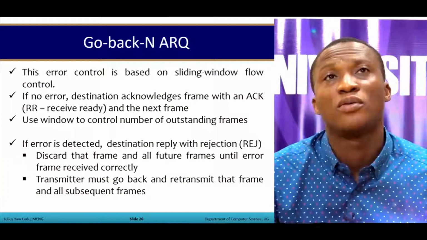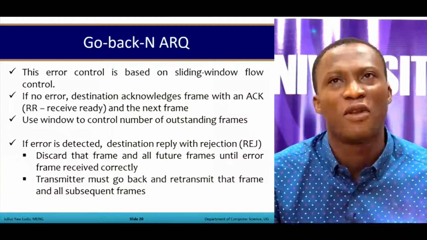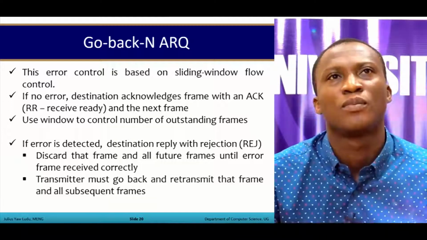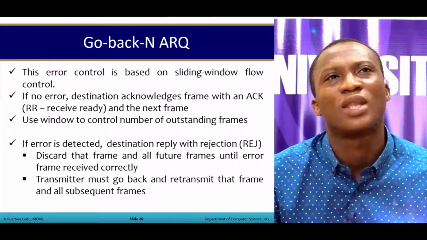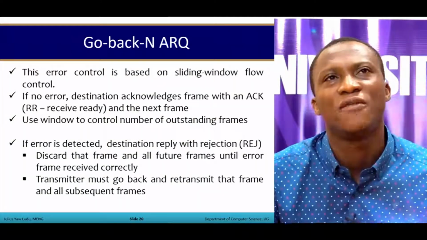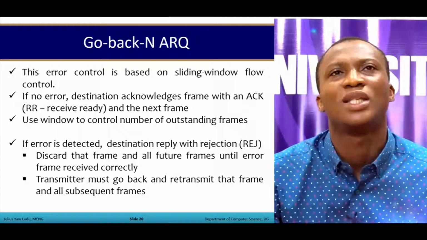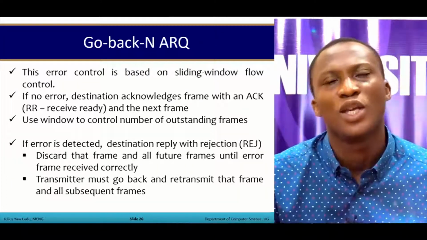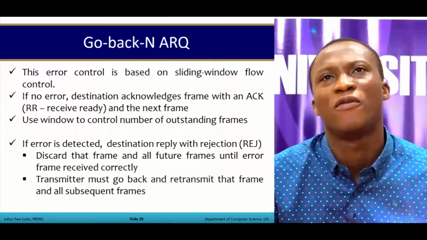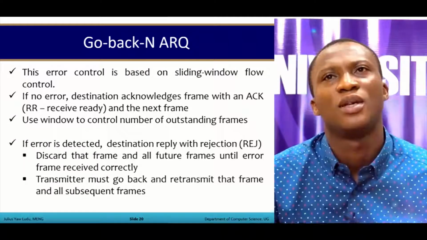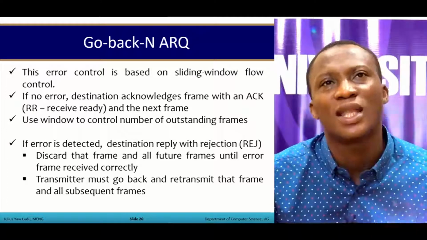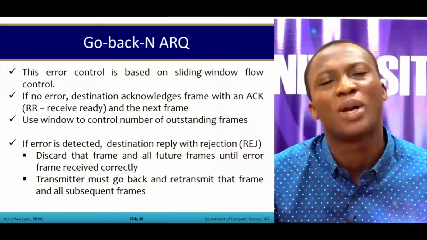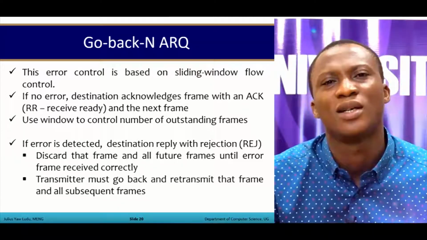If no error, then the destination acknowledges the frame with an ACK. And here the ACK is of the type RR, or receive ready. It means that it's ready to take up the next frame. It uses windows to control the number of outstanding frames, and if an error is detected, then the destination has to reply with what we call rejection.